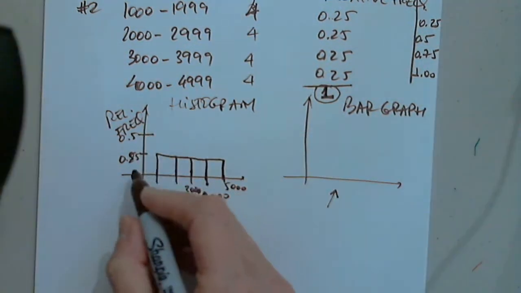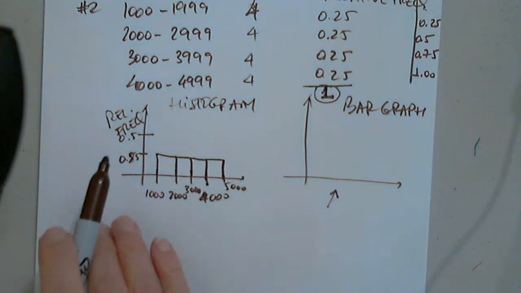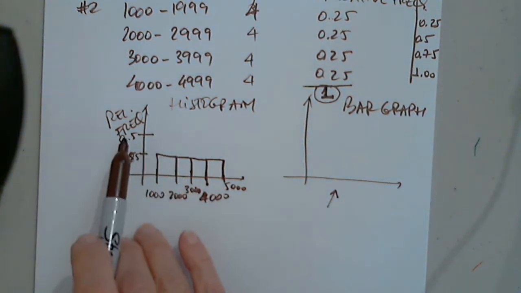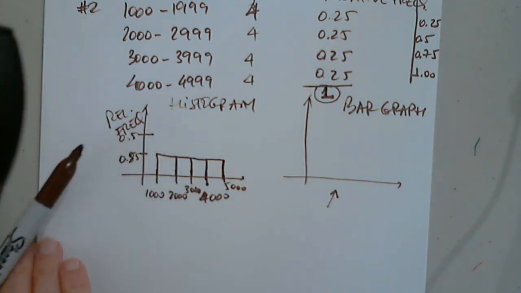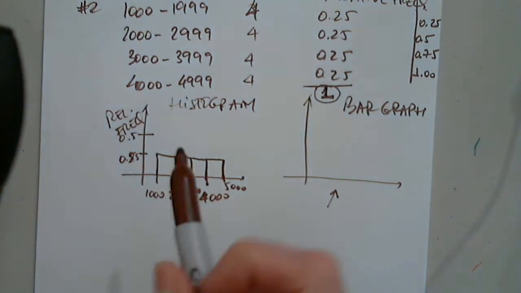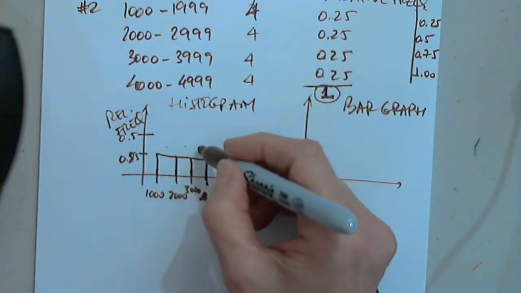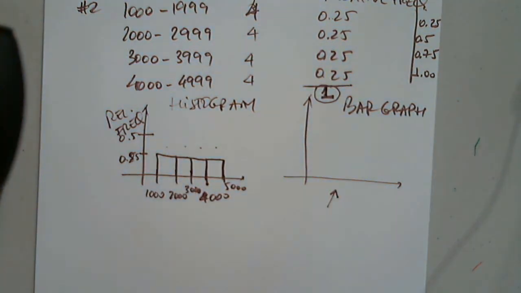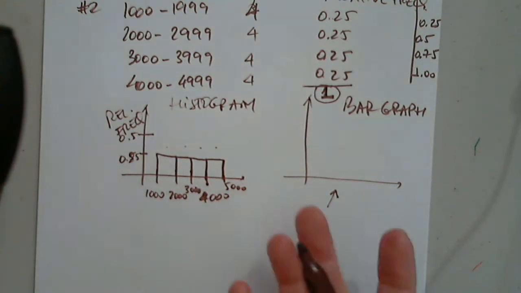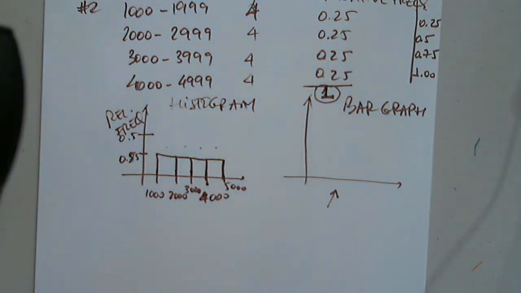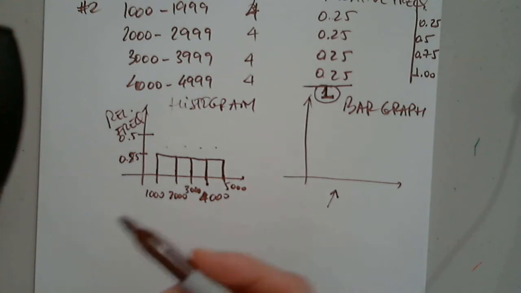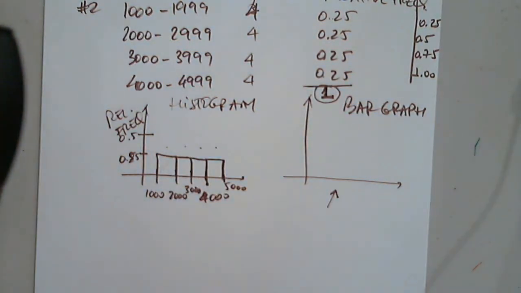So all of them have 0.25. If it's not a relative frequency histogram, but just the frequency histogram, then I will have 4 here, 4 here, 4 here, 4 here. I will write them in. You can write 0.25 right now on all of them, but they are the same.